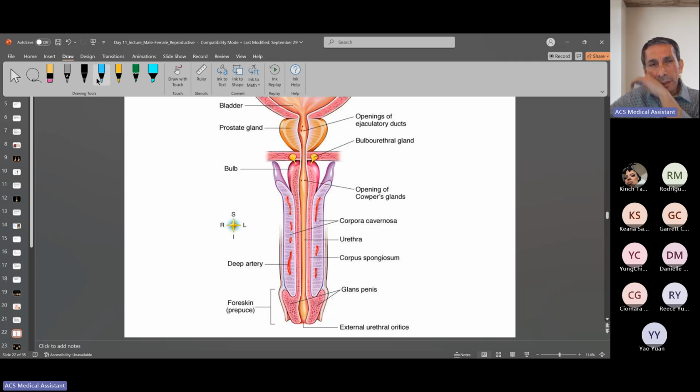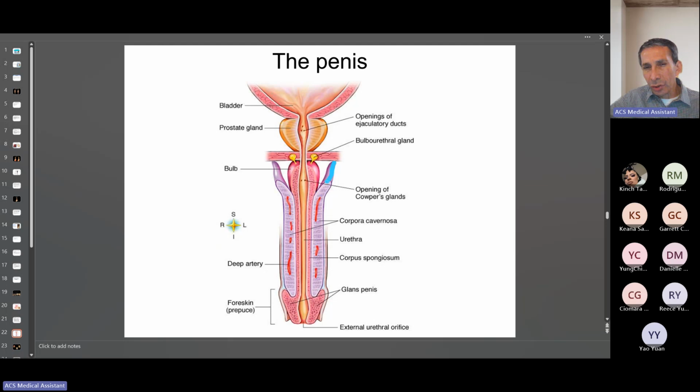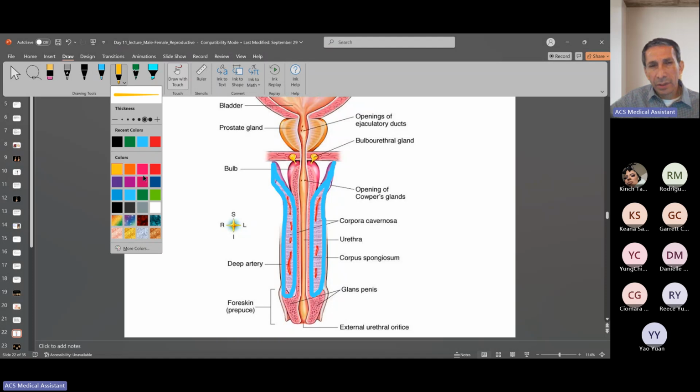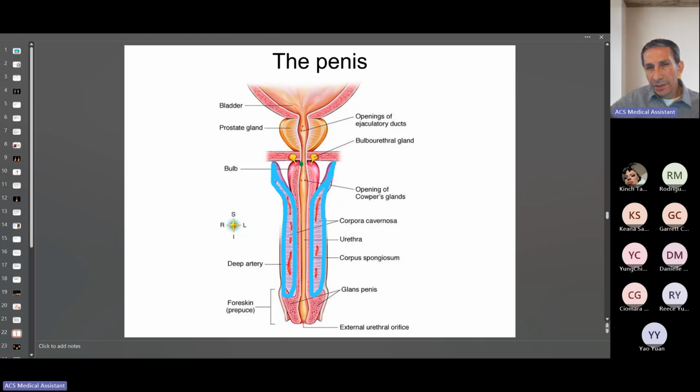So in this diagram, we can see these are the two external columns that are called the cavernosa. In the middle, let's change colors, let's put it green, this right here is the internal one that is surrounding the urethra and makes the glans of the penis.